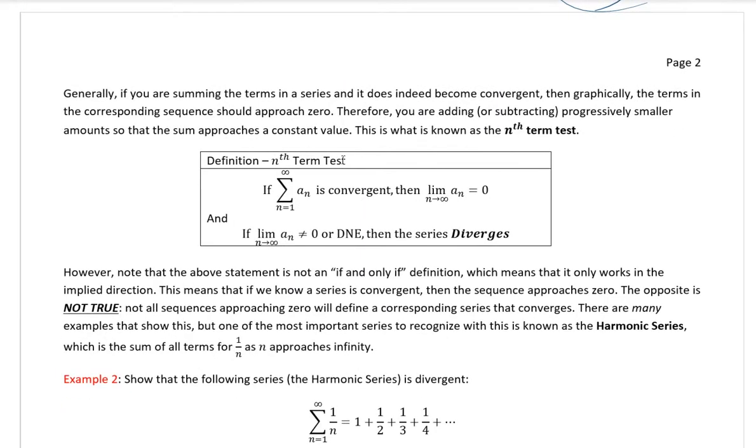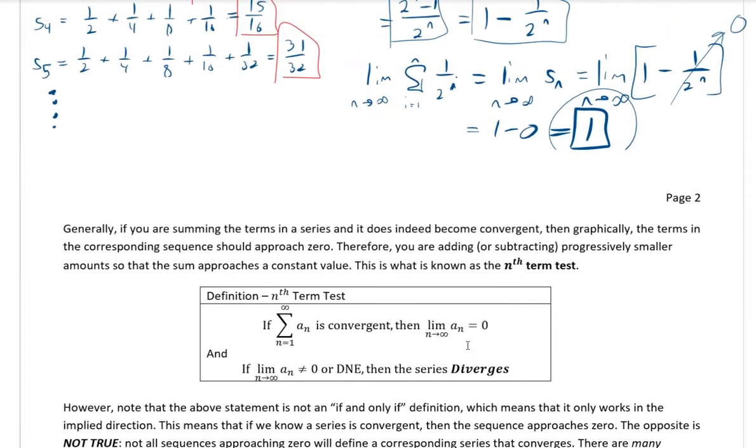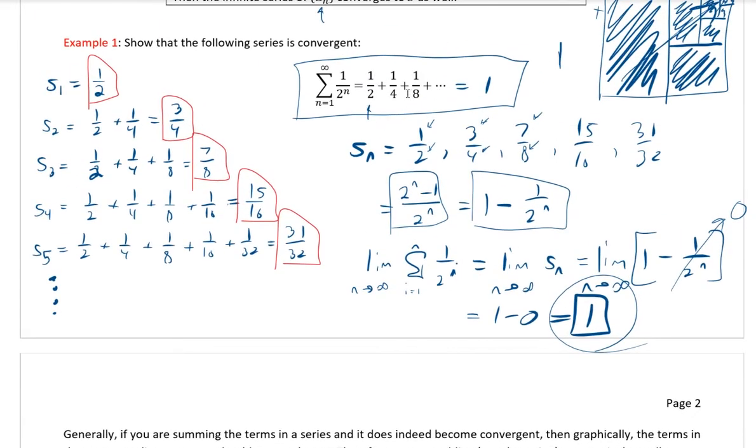Okay. Now, generally, if you are summing the terms in a sequence and it does indeed become convergent, then what that really means is that if the series is going to be convergent, the sequence should be approaching 0. And we see that here, the previous values, 1/2, 1/4, 1/8, these values of 1 over 2 to the n are approaching 0 themselves.